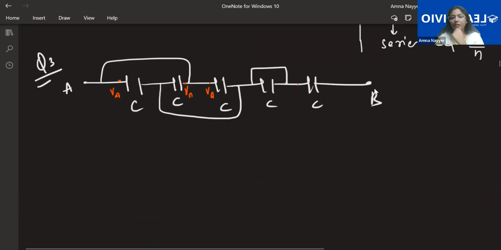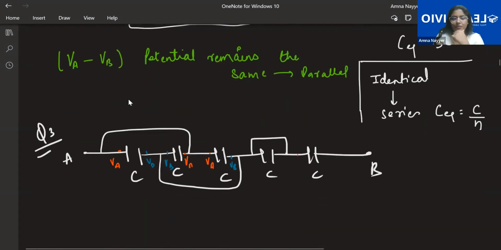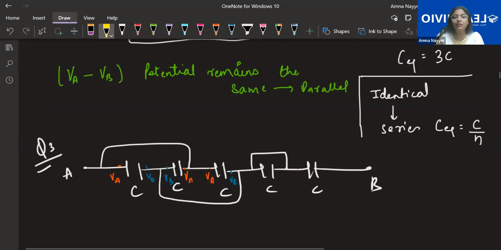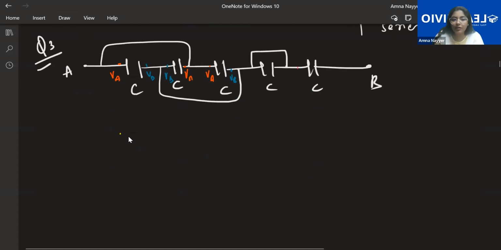This is something else, let me name this VB. So here this will be VB, this will be VB. This is just the same circuit that is drawn. But you can conclude here that all these three are connected in parallel because the potential difference among all three is the same. So how can we draw it?